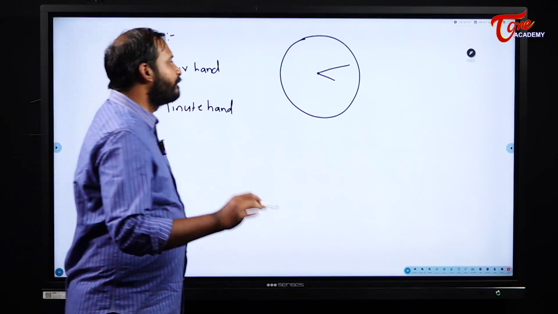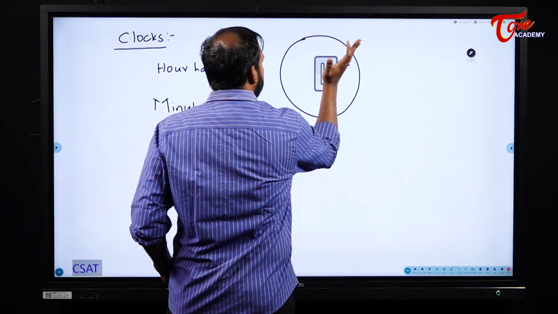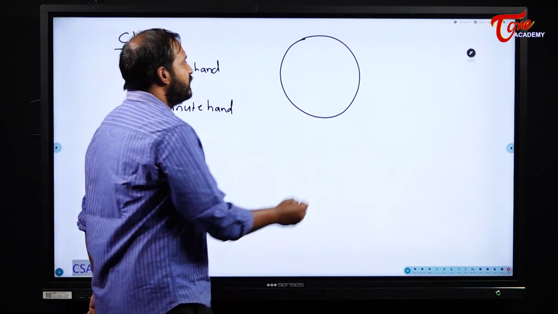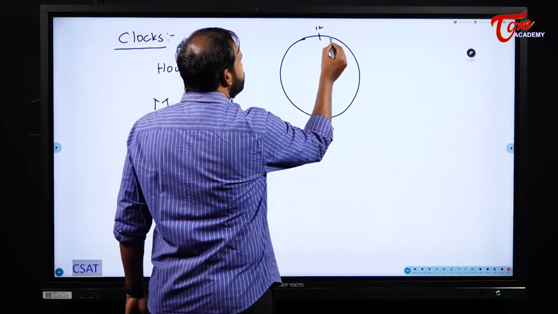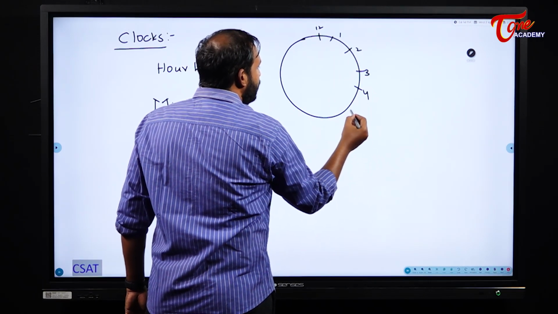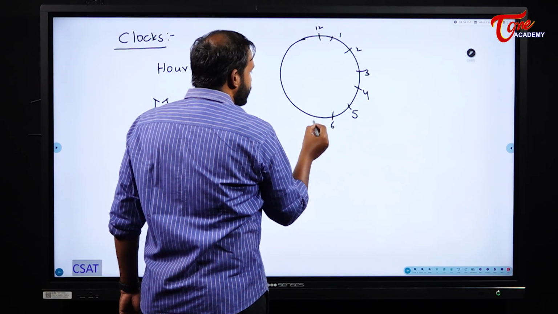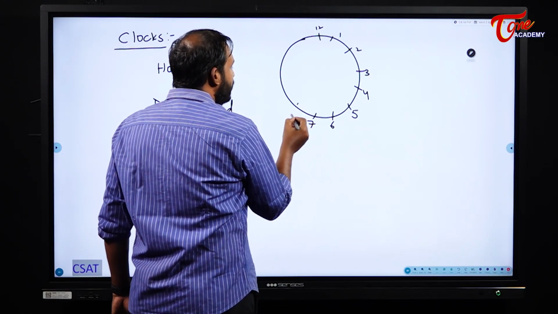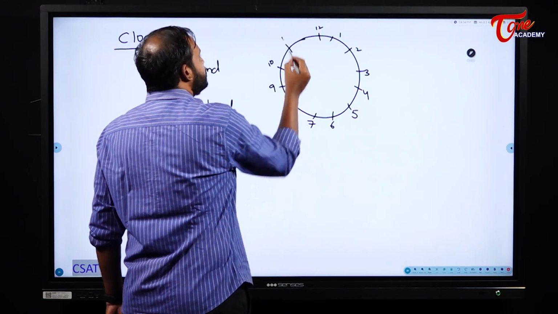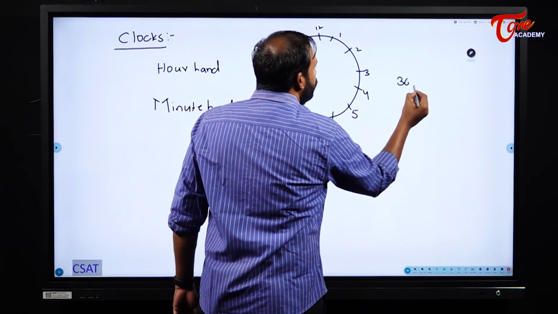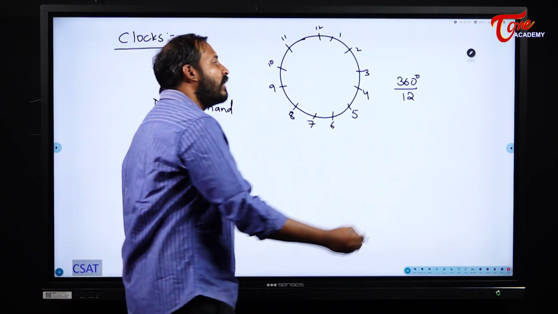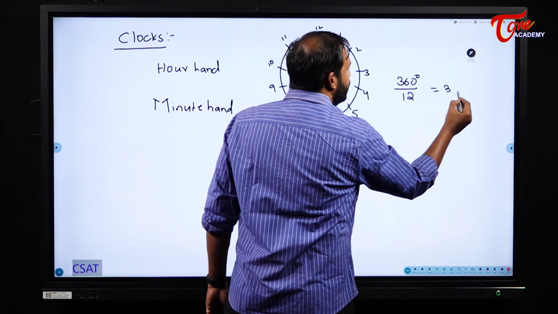Now, this circular dial is divided into 12 equal parts. A circle contains a total of 360 degrees, right? So this 360 degrees is divided into 12 equal parts, and each section will be equal to 30 degrees.